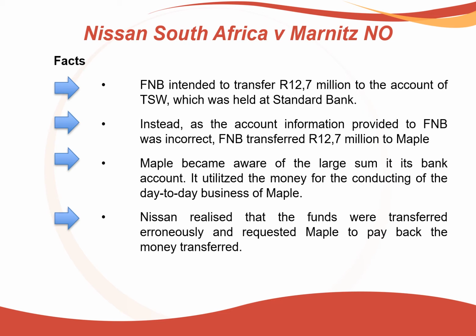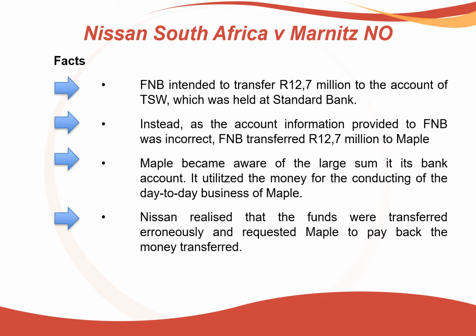However, the account information provided to FNB was incorrect, so FNB transferred the funds to a wrong payee known as Maple, who, like TSW, held an account at Standard Bank.